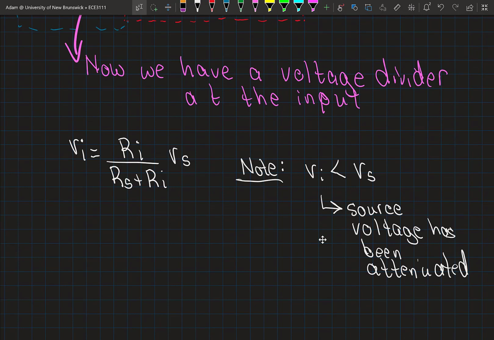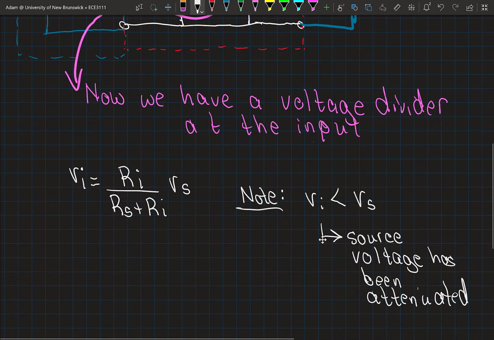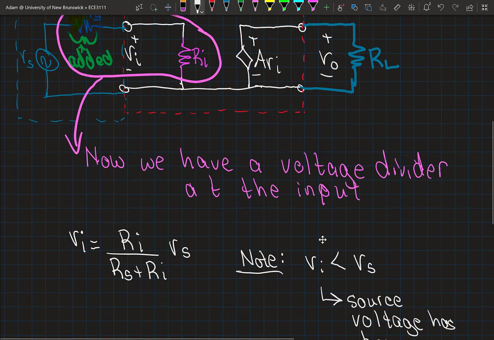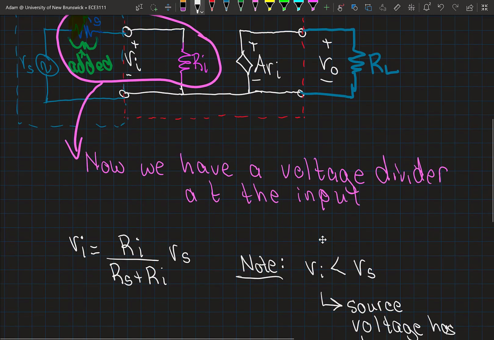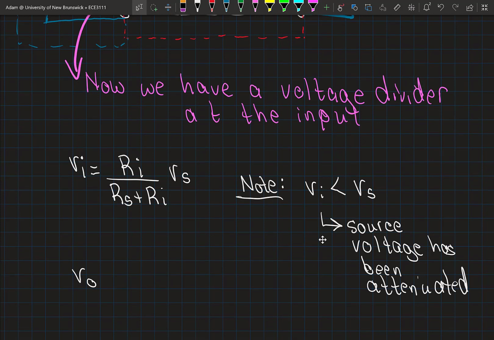Okay, looking again at the output, and if I label the output voltage here as the voltage that appears across my load, Vout, in this particular example where we've still not included an output resistance on my voltage controlled voltage source or my voltage amplifier, my output voltage is still simply equal to my gain times my input voltage.